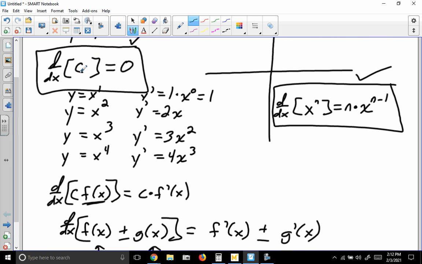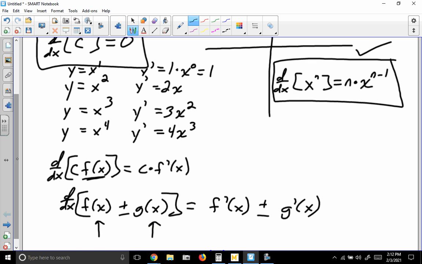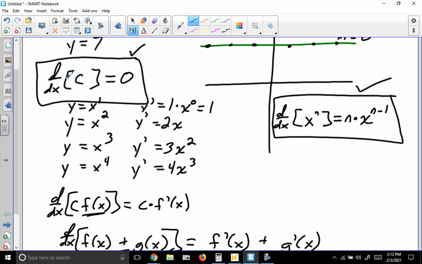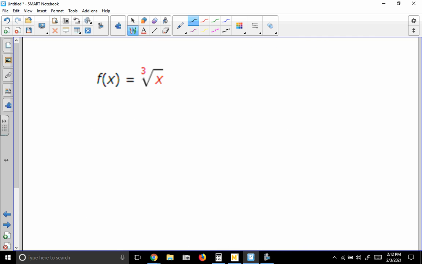We only have the derivative of a constant, the derivative of x to a power. If we have something that we know how to take the derivative of that has a coefficient, we leave that coefficient alone. And if we have things added together. But in general, we just have the derivative of a constant and the derivative of x to a power. Didn't say anything about any square roots. Well, we can rewrite this function.